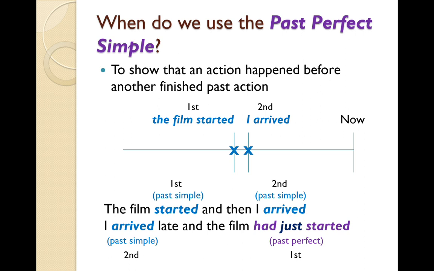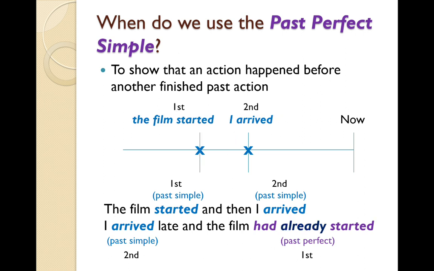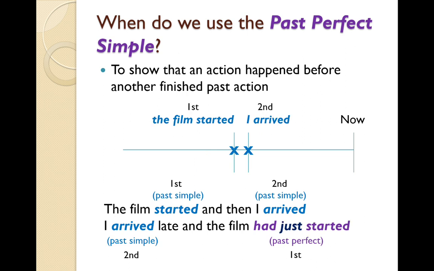In this case, notice how the actions happen closer together. So again, already, one action started before the other, and with just, the first action happened a very short time before the second action.